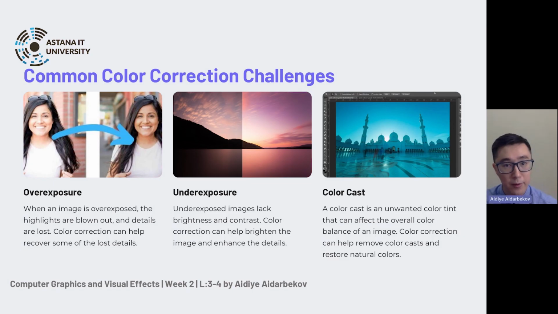So common color correction challenges are overexposure, when you have more light than you need, or underexposure, when you have low light sources and it's hard to see what kind of objects we have in our photos.